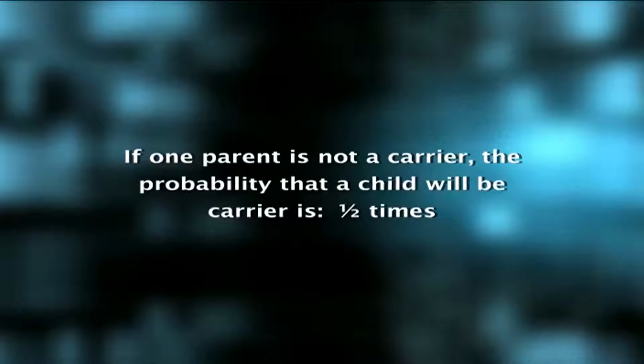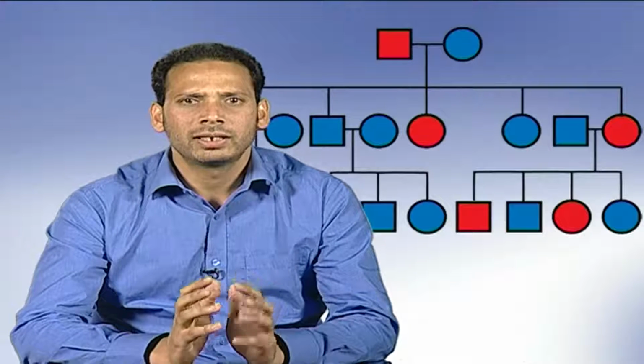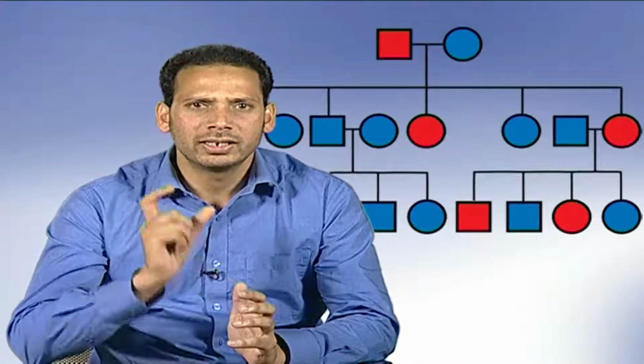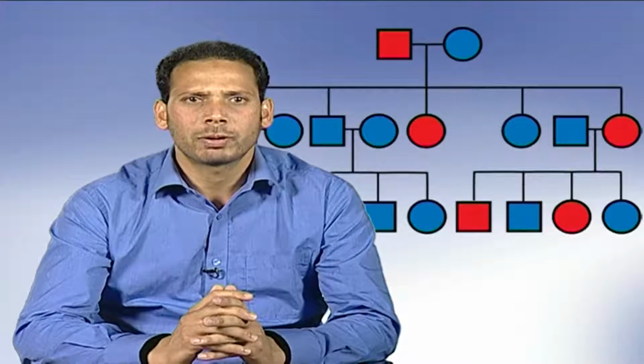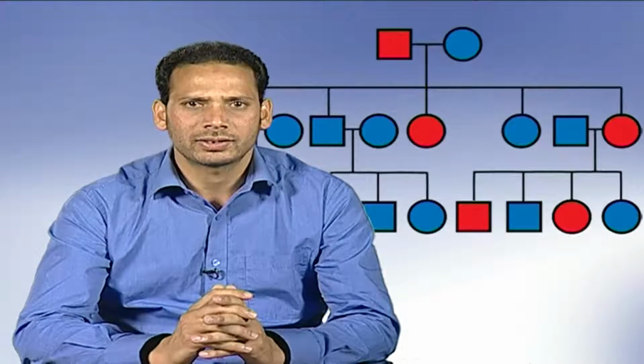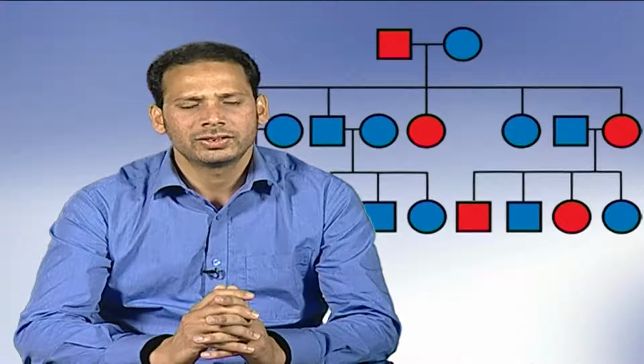In general, if one parent is not a carrier, the probability that a child will be a carrier is half times the probability the other parent is a carrier. That is, we multiply the probability of passing a disease allele, half, times the probability that the parent does in fact carry the disease allele.